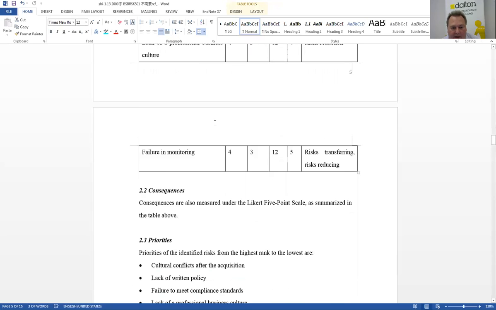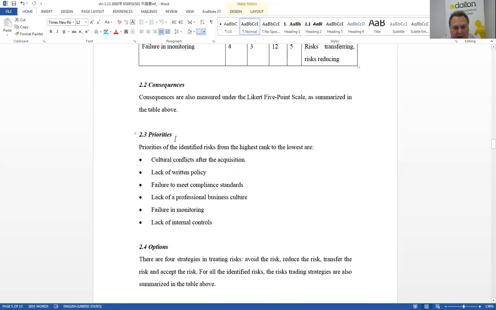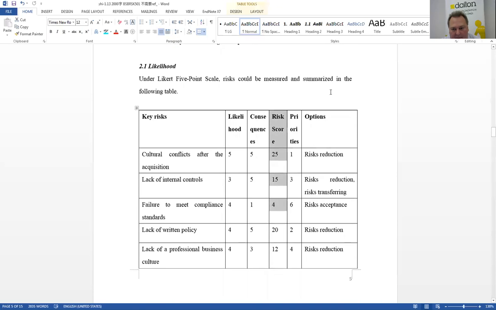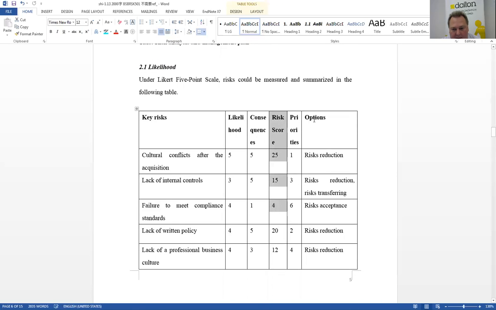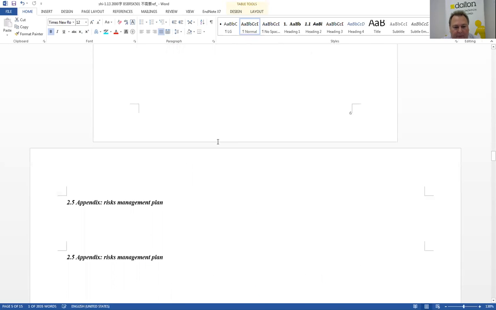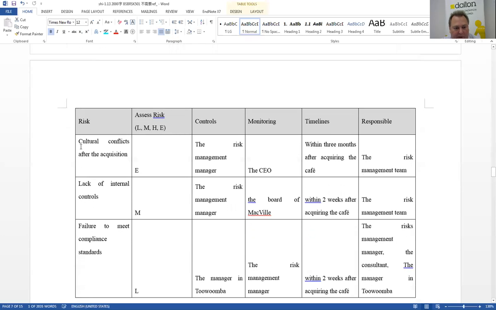And so as we go down, again, task 2 asked us to list the consequences. It asked us to list the priorities, options. That's from the table. Don't forget the headings. Priorities, options, priorities. See, as I'm scrolling down, and also the risk management plan for task 2. So here I am. The risk, cultural conflicts after the acquisition.